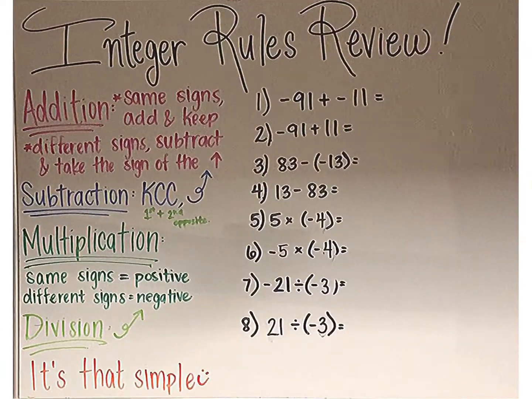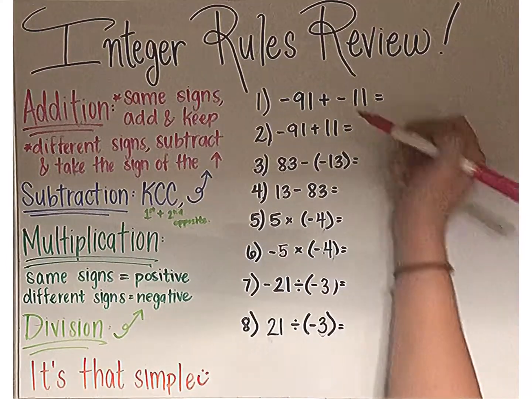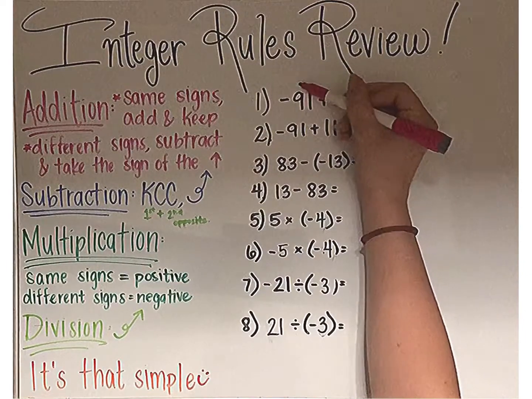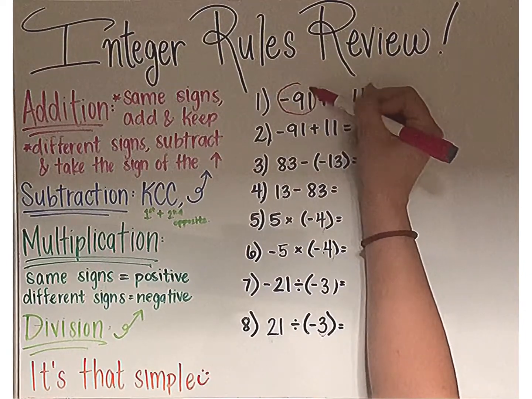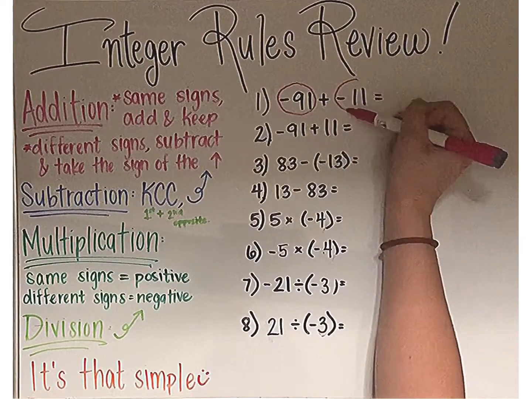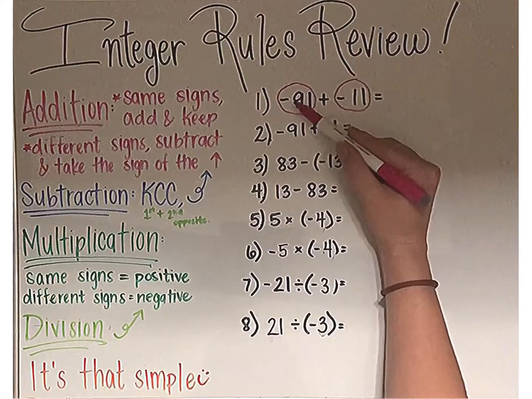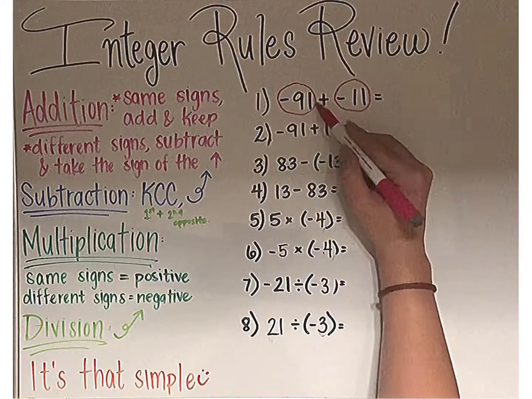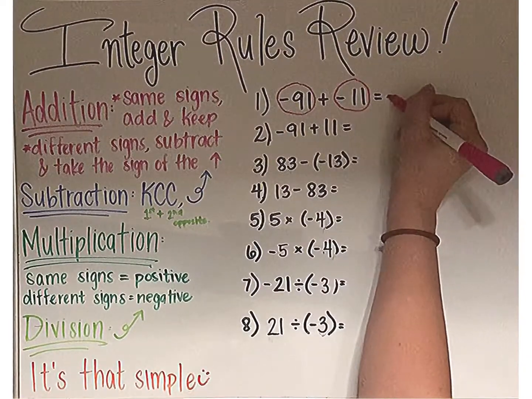All right, looking at number 1, we can see we have an addition problem. And if we look at the two numbers we're given, we have negative 91 and negative 11. Because negative 91 and negative 11 have the same signs, we're going to add the numbers and keep our negative sign.